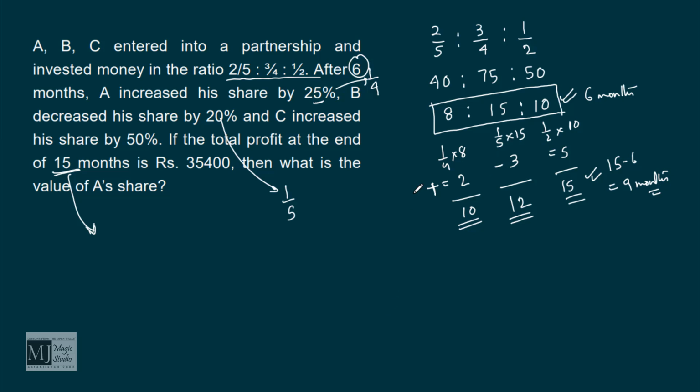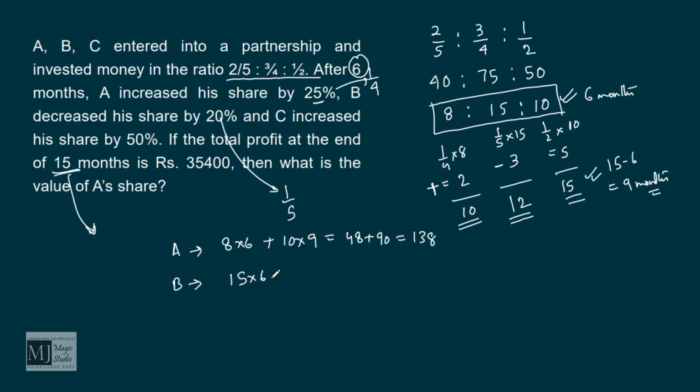Since different amounts are invested at different points of time for different tenures, we need to find the weighted investment by these three people. So investment of A would be 8 into 6 plus 10 into 9, 48 plus 90, that is 138 units, weighted units.